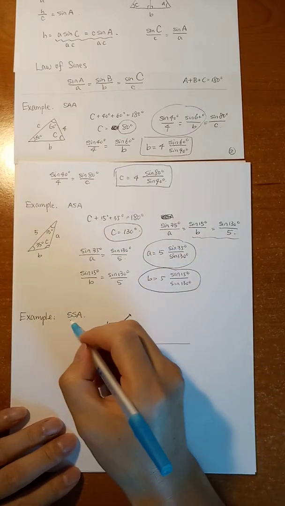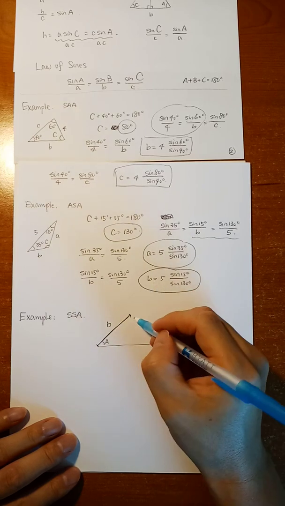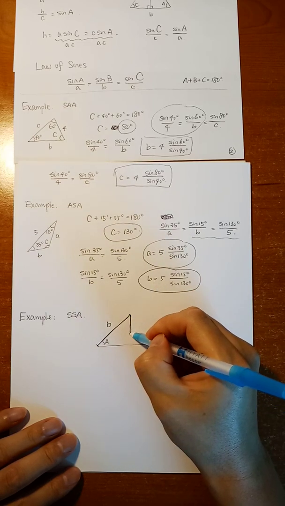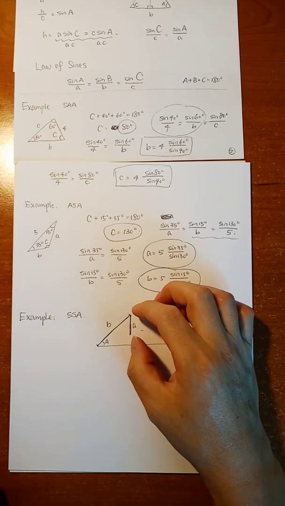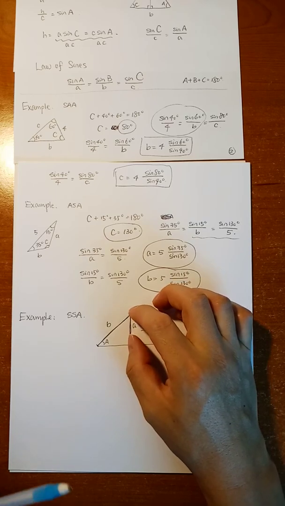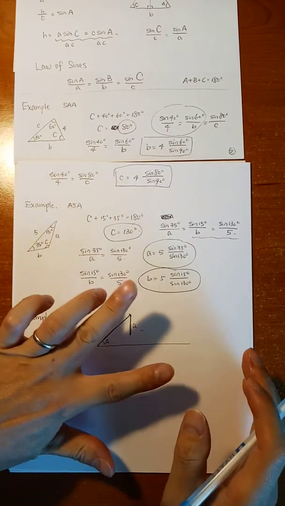So remember this SSA, so you have this side, you have this side. If your given data A is too small, what I say is too small, because your angle A is already formed.